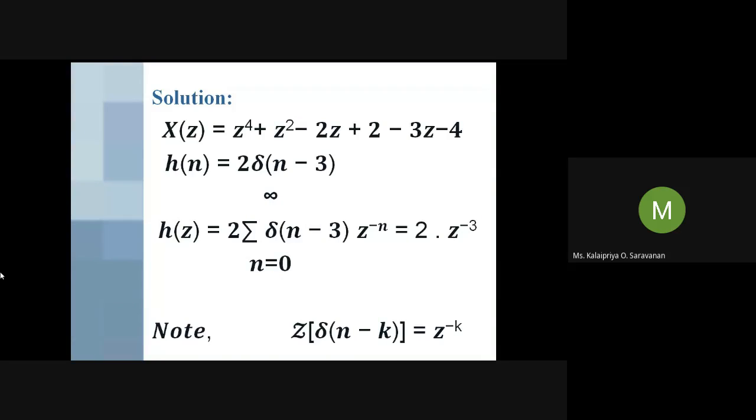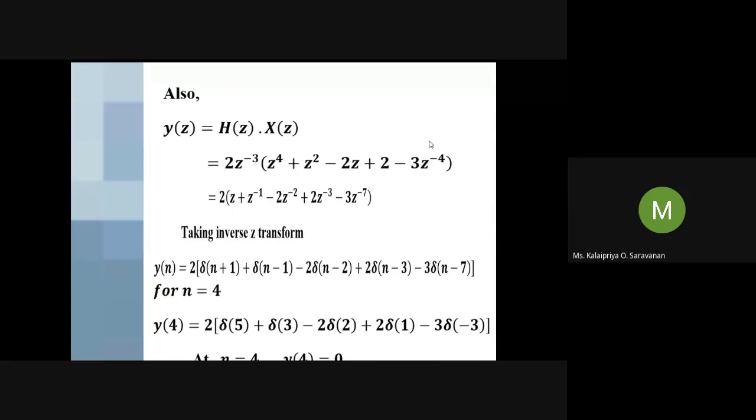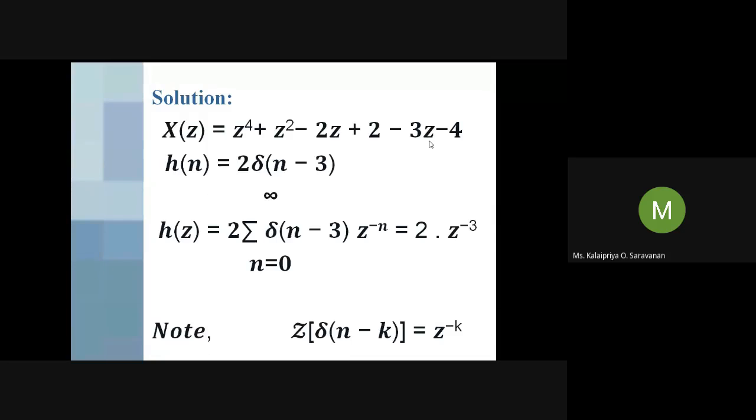This is what is given in the question: X of z is equal to z power 4 plus z squared minus 2z plus 2 minus 3z power minus 4. So here, h of n is also given in the question as 2 del of n minus 3. Now, the delta function will exist only for n equal to 0. For other places, it is 0.